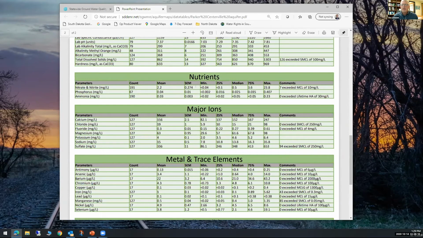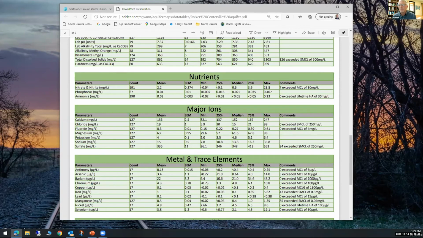But then we've run additional statistics further to the right here. You can see basically the 75th percentile is 3.6. So 75% of the samples or analyses show 3.6 or lower. And then the highest concentration that we saw in those 191 samples was about 24 parts per million nitrate.